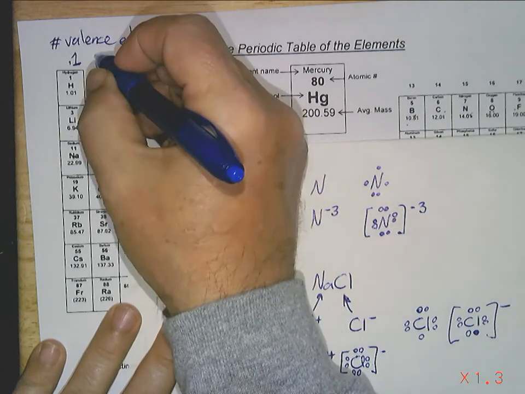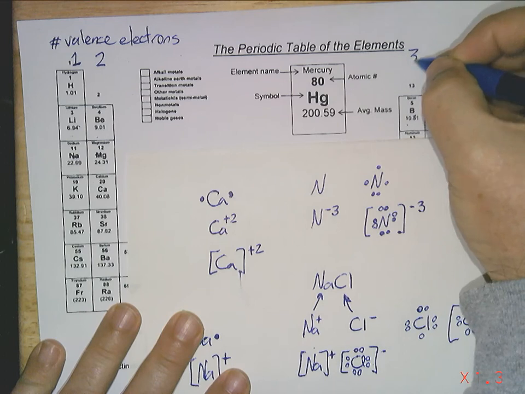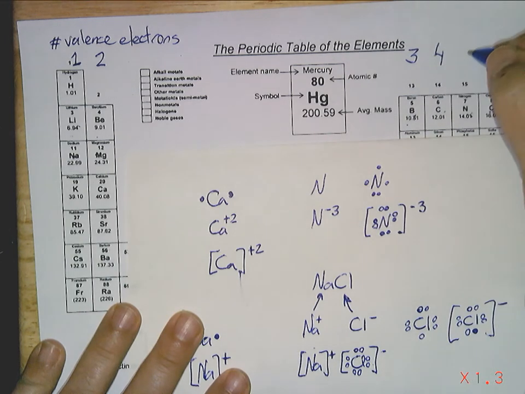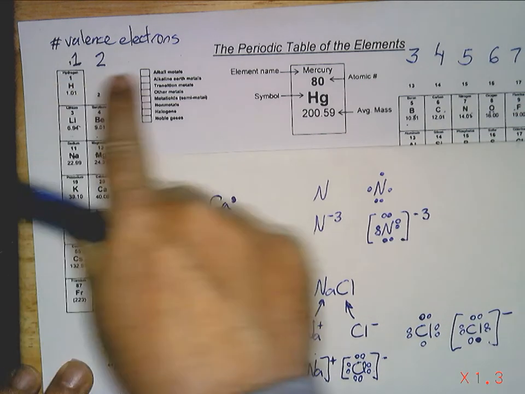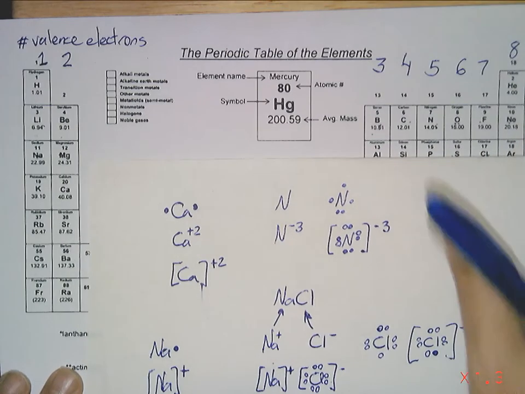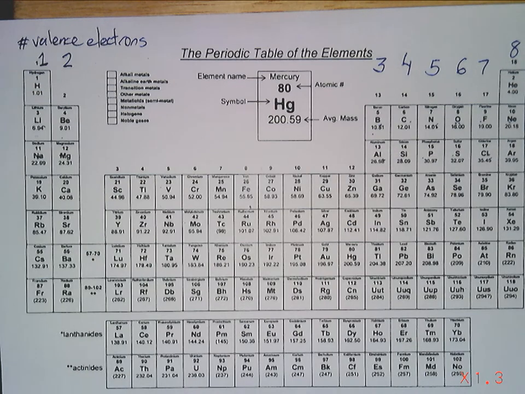Everything in this column has got 2 valence electrons. Everything in this column has got 3, 4, 5, 6, 7, 8 valence electrons. So if I know which column in the S and the P blocks that I am working in, I can very quickly write down Lewis structures for those atoms.